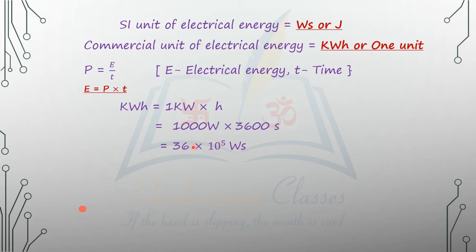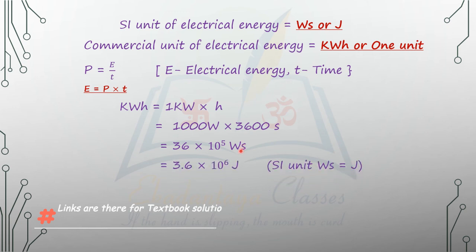After simplifying this, we get 36 into 10 raised to 5 watt second, which is 3.6 into 10 raised to 6 joules.